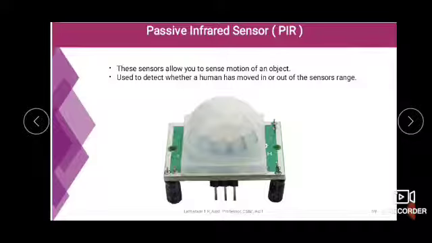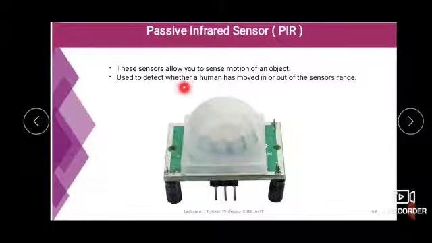The next one is the passive infrared sensor, which is interfaced to the Raspberry Pi. These sensors will allow you to sense motion of an object. So this is used for motion detection. If any object comes in front of this sensor, it will detect.